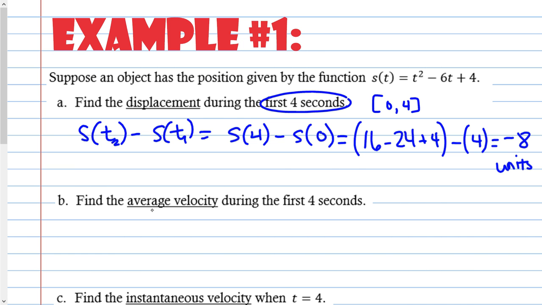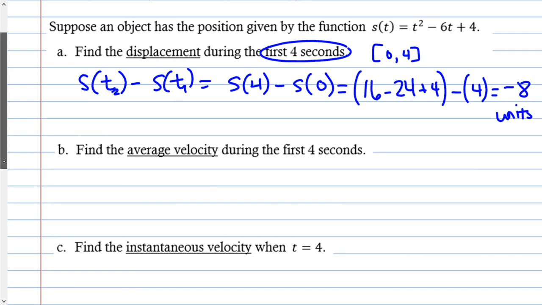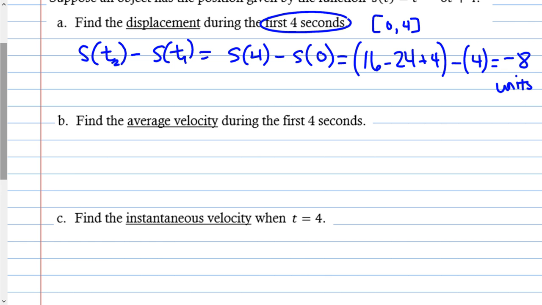B, find the average velocity. Okay, so average velocity, you've got to think back of average. That means I have more than one number, right? Add them together, divide. It's like slope from Algebra 1. So again, it's the first 4 seconds. So I still need my x's to be 0 and 4.